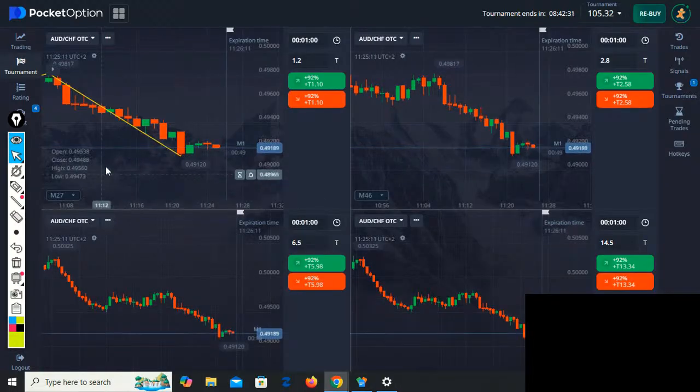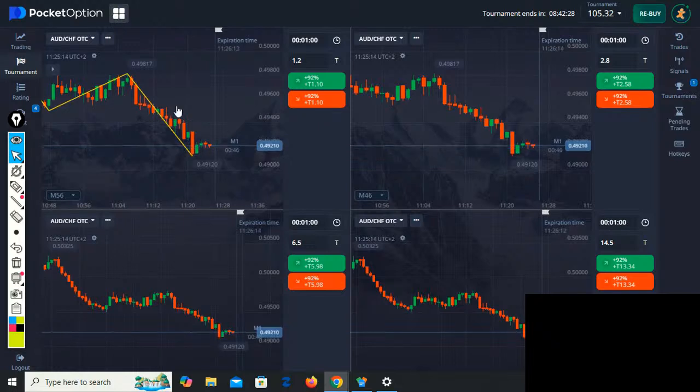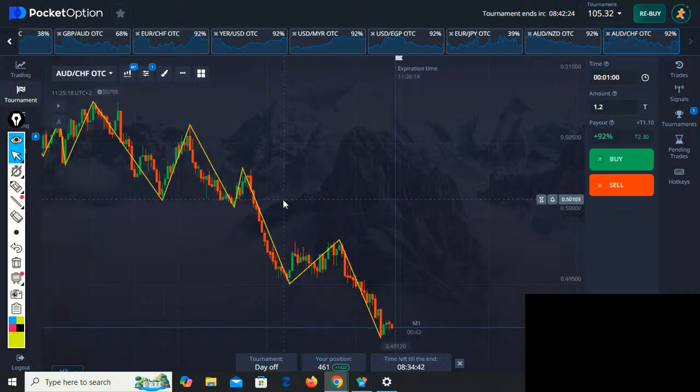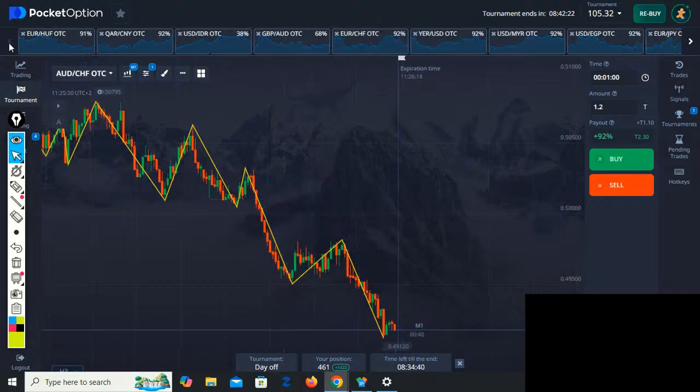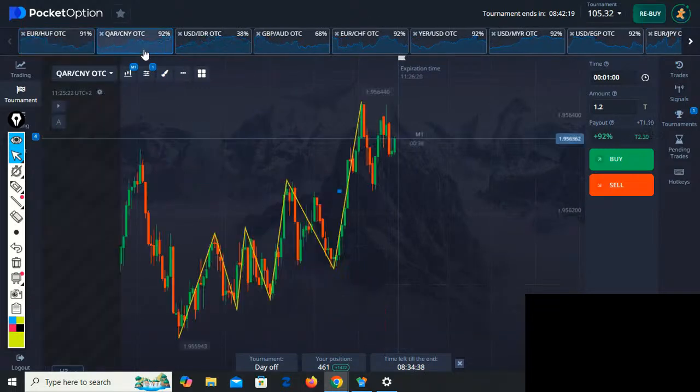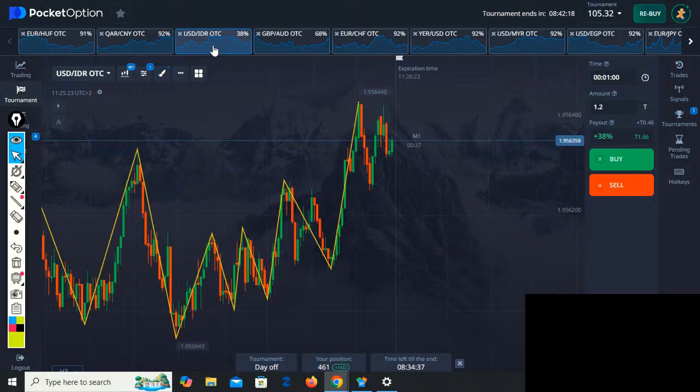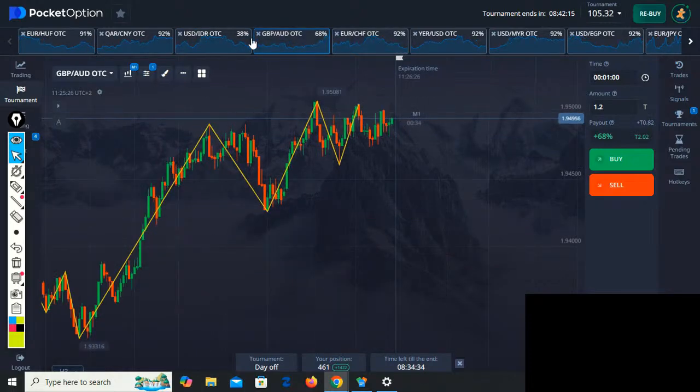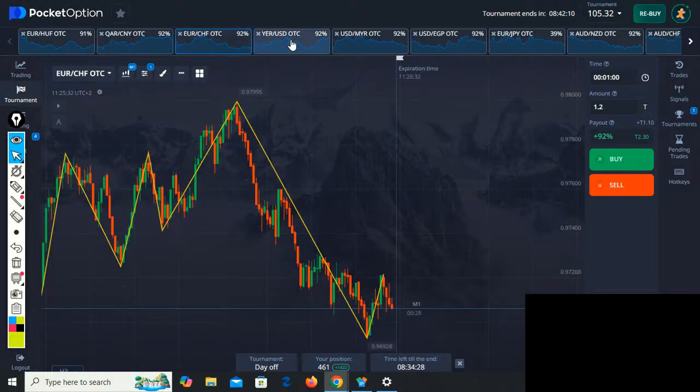Let's see. Let me go back to one chart so I can define something that has a strong bearish trend. Let's remove the low payout. It's essential that you stick to 92% payout pairs, all right?